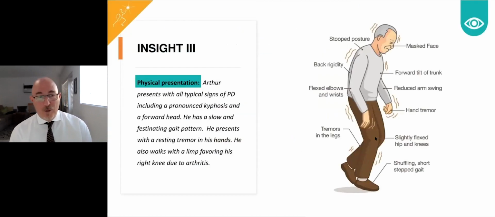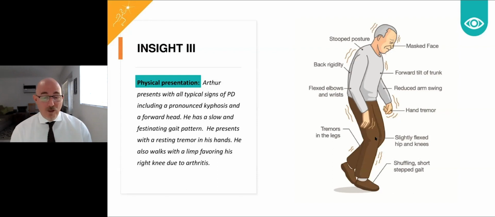So insight number 3, Arthur presents with typical signs of Parkinson's disease, including pronounced kyphotic posture, forward head. He has a slow festinating gait. Like I said, I think he's probably, I'd rate him around a 3 on the Parkinson scale. He presents with a resting tremor in his hands. He also walks with a limp, favoring his right knee due to the arthritis, right?